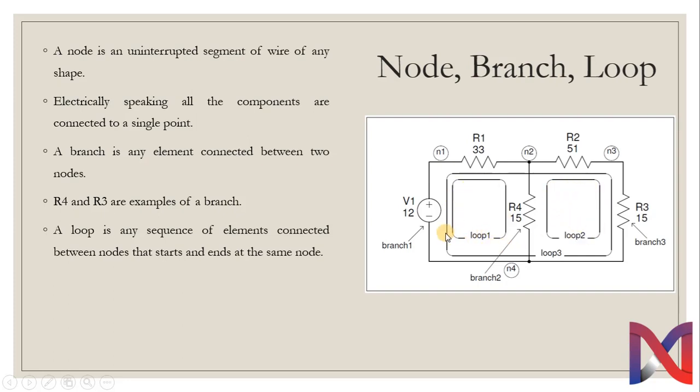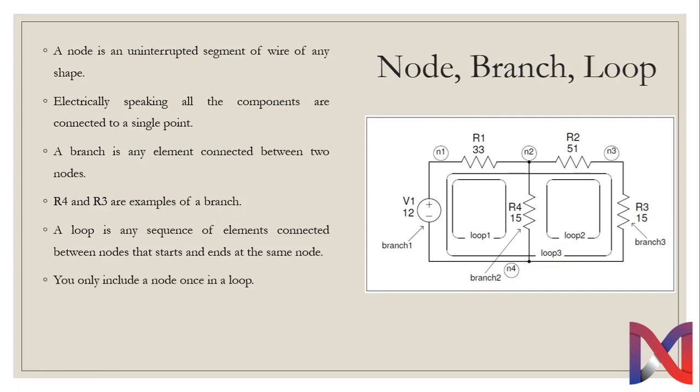The first loop starts from voltage source, moves through R1 and R4 and ends at the voltage source again, whereas the second loop starts from R4, runs through R2 and R3 and then ends at R4 or node 4.